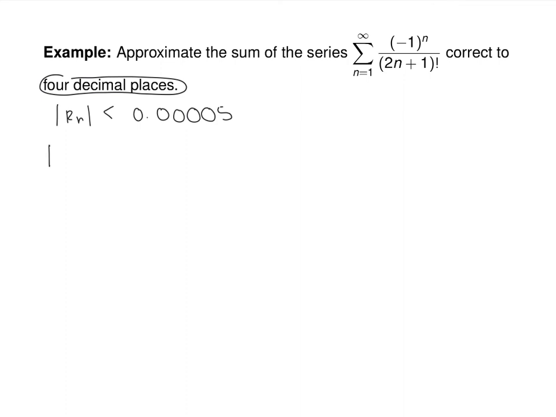Okay, and we know that the absolute value of Rn is less than or equal to Bn plus 1. And in this case, our Bn's are 1 over 2n plus 1 factorial. Be a bit careful here. When you input n plus 1 for this n, you're going to have to put it in parentheses.